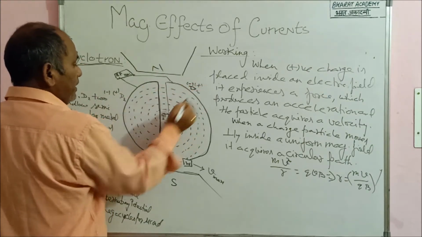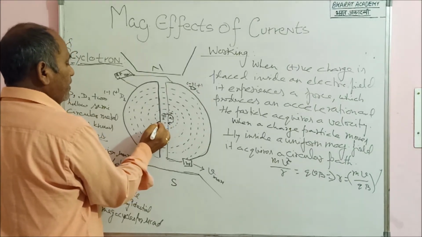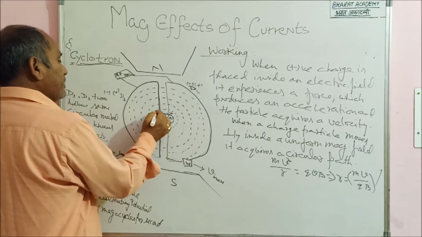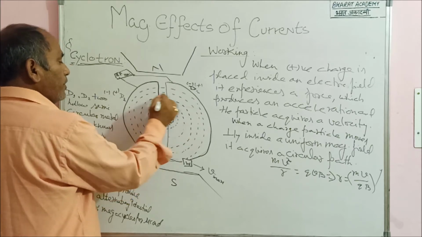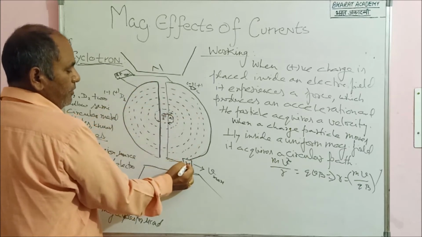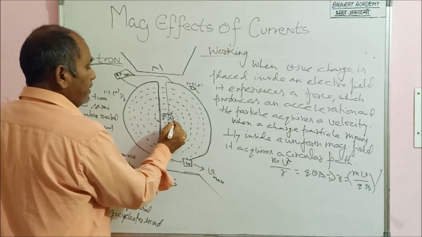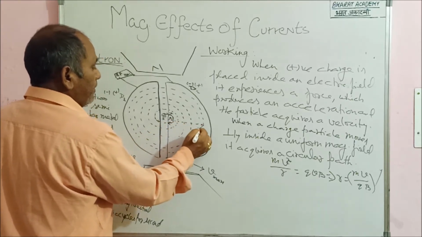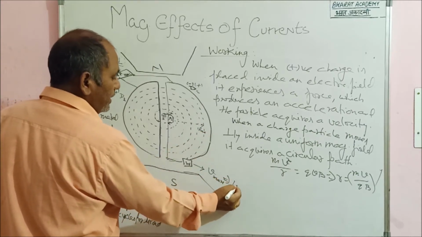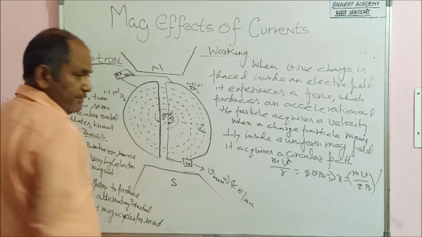So this charged particle will be attracted towards D2 with a higher velocity or higher radius, you could say, like this. The same process will take place and it keeps on going continuously by increasing its radius, and ultimately we acquire the maximum radius here, which we denote R max. The charged particle acquires a maximum velocity and maximum kinetic energy. That is the simple working of this.